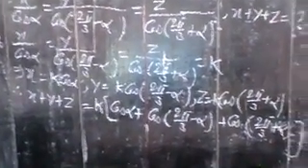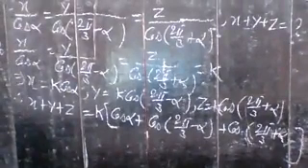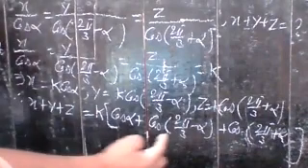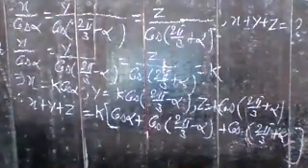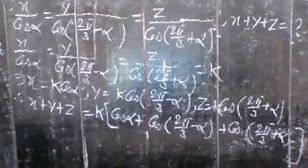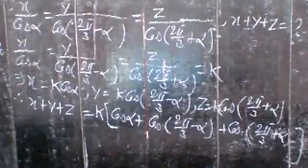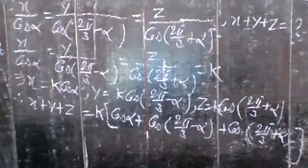Now simplifying it: for the last two terms you apply the formula for cos x plus cos y, and you know cos x plus cos y is equal to 2 cos of (x plus y) by 2 times cos of (x minus y) by 2. So applying it, see what your result is.